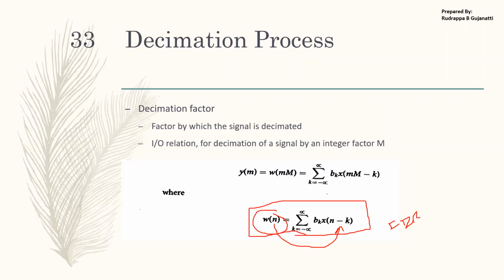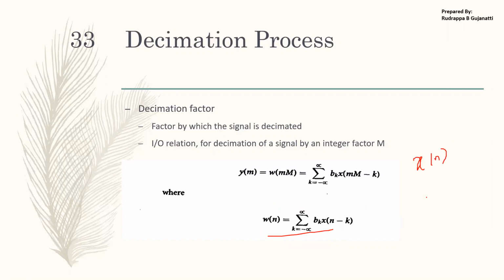In this case, I have three signals. I have x of n, then W of n, and lastly the overall result y of n.